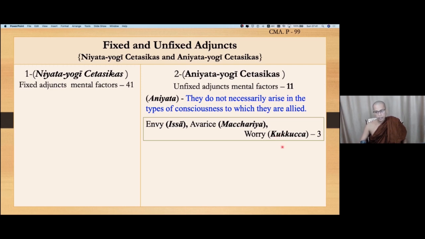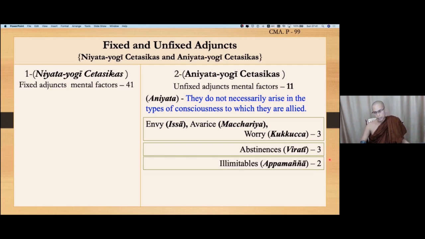So here in this slide, we are going to count only the enumeration. 3 virati, abstinences, and 3 also, just mentioned, they do not necessarily arise. Sometimes they are absent, but still the wholesome consciousness arises. Then two illimitables.